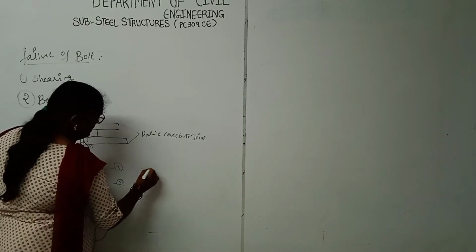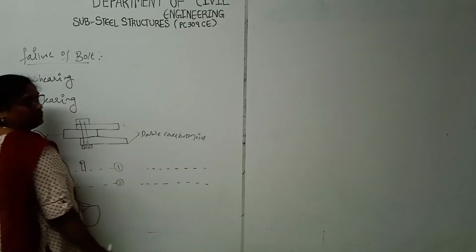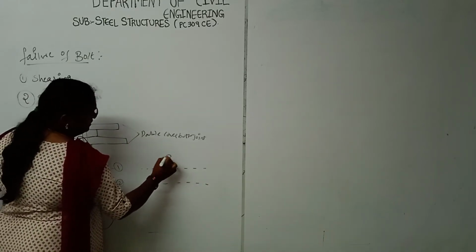Same way, the next one is your bearing plane. The reason I am using two sections here is that you have a double cover.